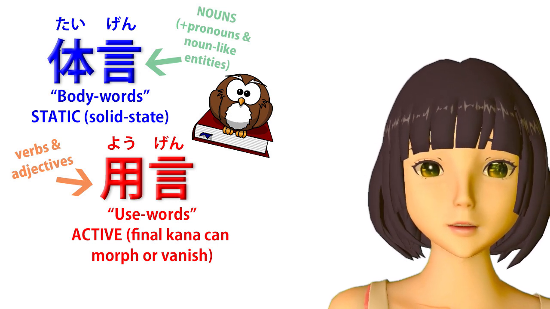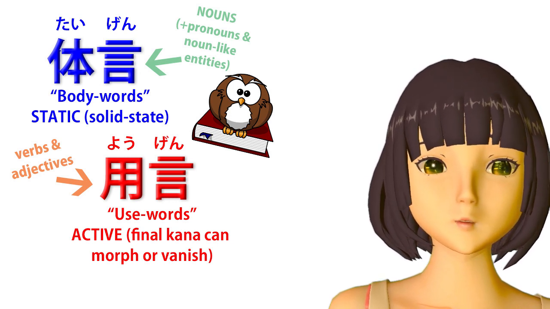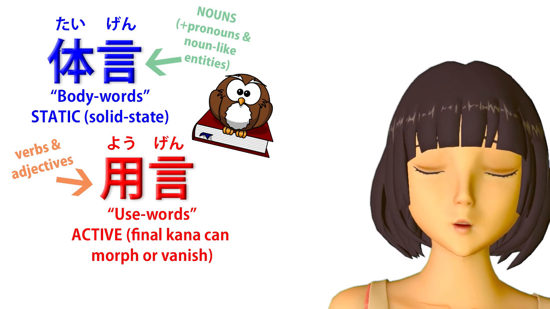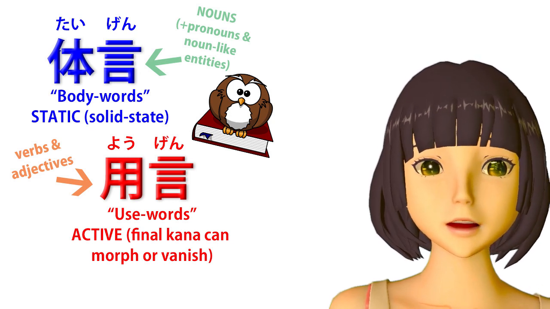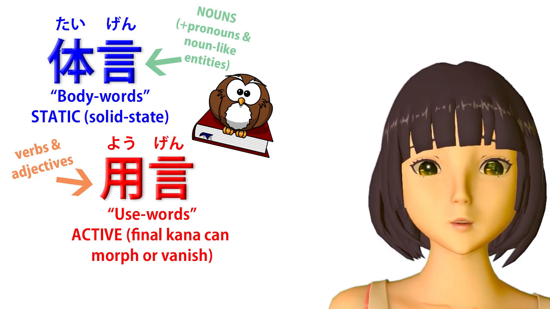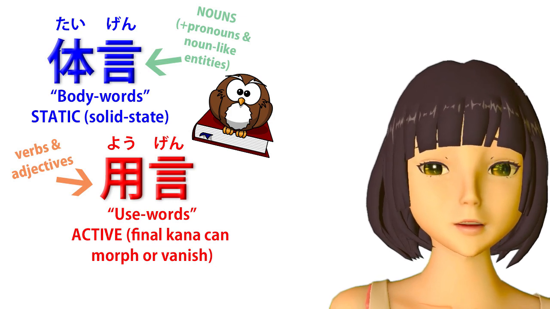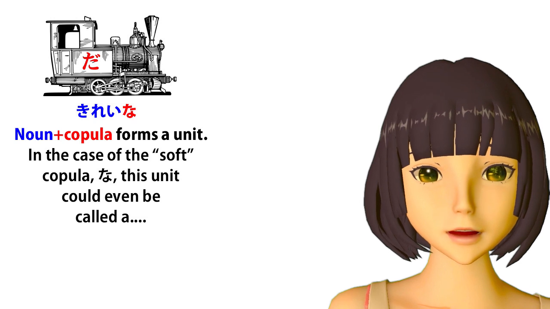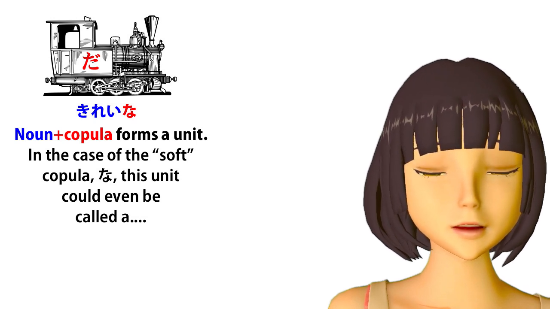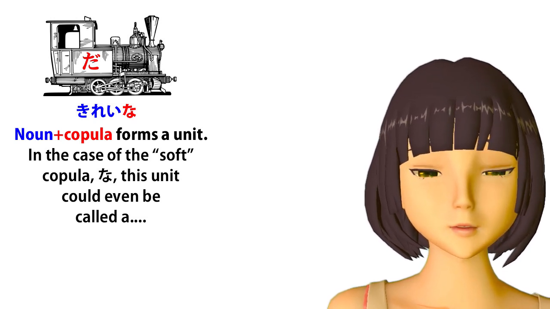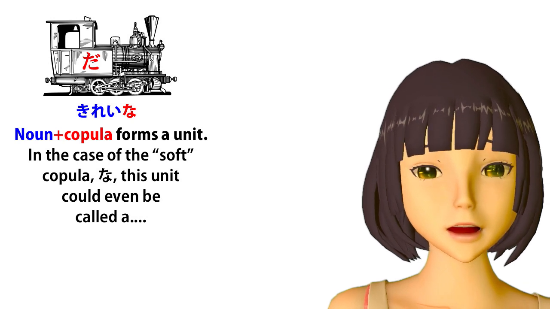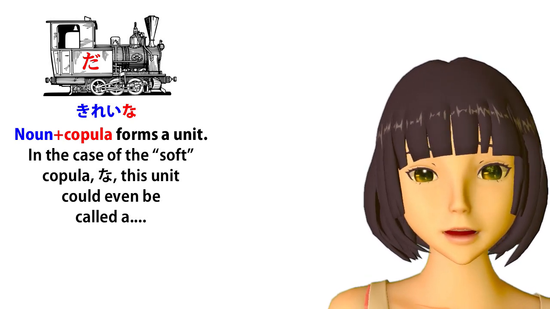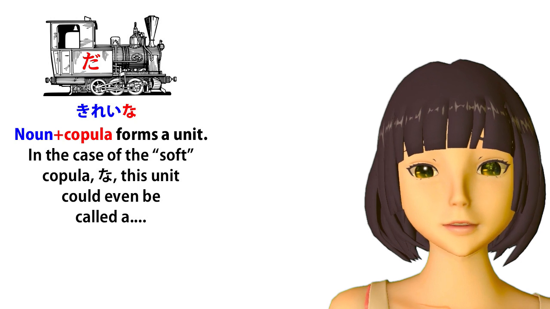And it's important to understand that when we add the logical particle or the copula to a noun, we regard those two things joined together as a unit. So, for example, when we add the soft copula na to an adjectival noun, like kirei, we have kireina, and kireina is regarded as a unit in itself.